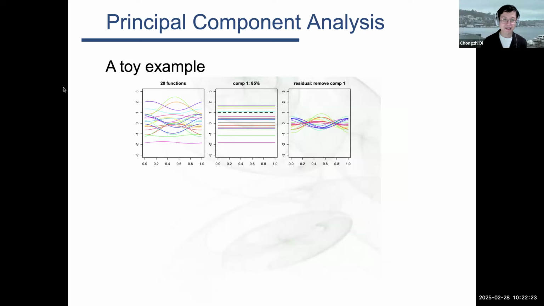In this case, the first principal component, the so-called eigenfunction or eigenvector, you can think of as a direction of variation. In this case, it's a constant function.